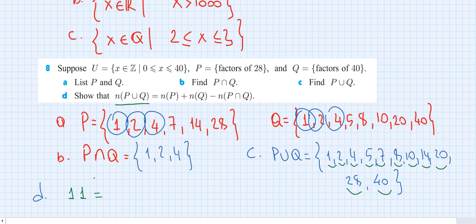Is it equal to the right side? Number of P: I have 6 numbers, plus the number of Q, 8, minus their intersection, 3. Are they equal? Yes, 11 equals 11. The left-hand side and the right-hand side are equal. This is also a very important property which will be used a lot in this chapter and also in probability.